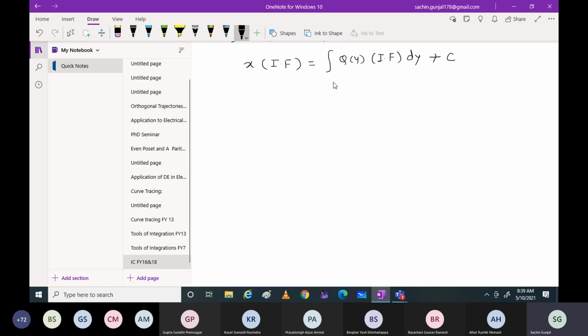So you must have observed that there is nothing difficult other than this integration. You just have to solve one integration and you are through. So, example: solve cos x dy by dx plus y sin x is equal to sec x.